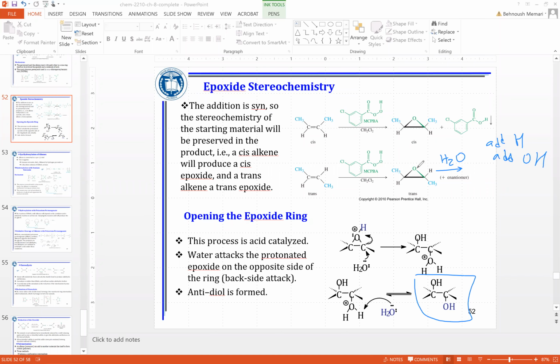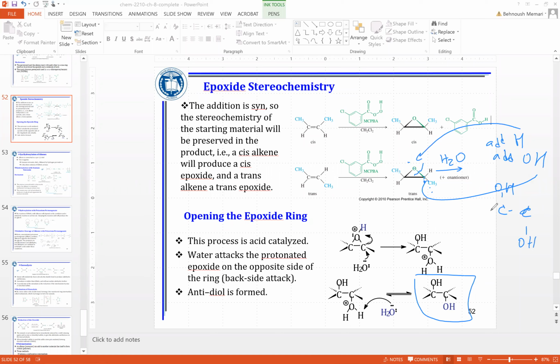So one of these carbon-oxygen bonds is going to break. This is not the mechanism, but it's the overall reaction. H will add to oxygen, definitely, because oxygen is going to carry the negative charge, and then OH will add to the carbon. So you're adding H and you're adding OH, and the product is going to be diol. You have OH and you have OH.